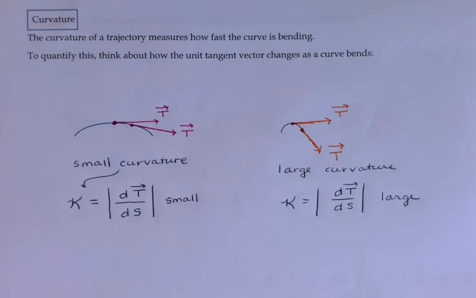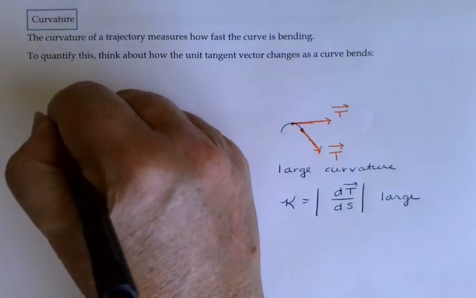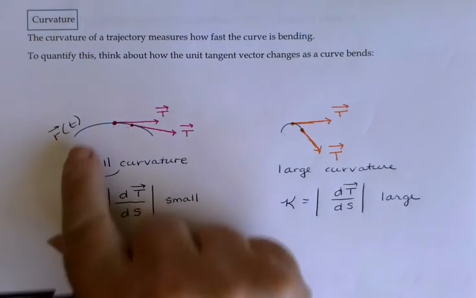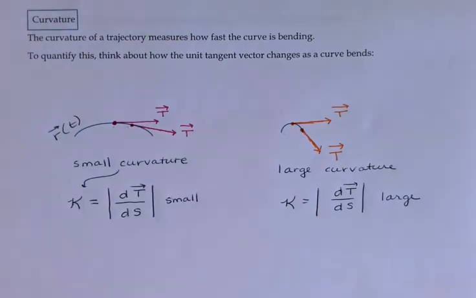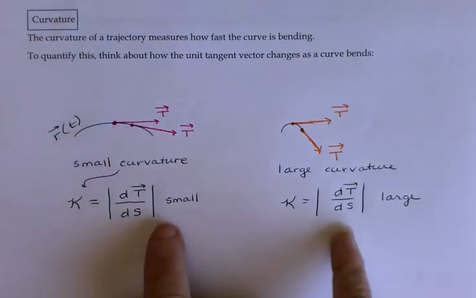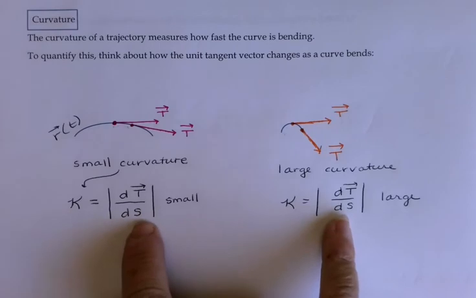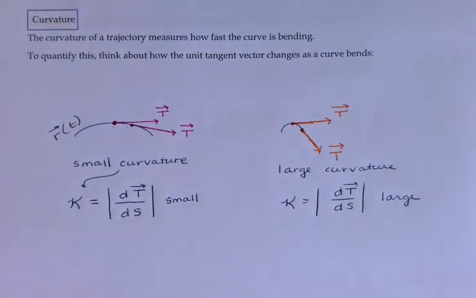While it makes sense, the problem is it's not real easy to calculate. Remember, most of the time when we've got a curve r, we don't have it parameterized with respect to s. We usually have it parameterized with respect to t. So getting these derivatives is not going to be easy because I don't usually have r of s. I usually have r of t.